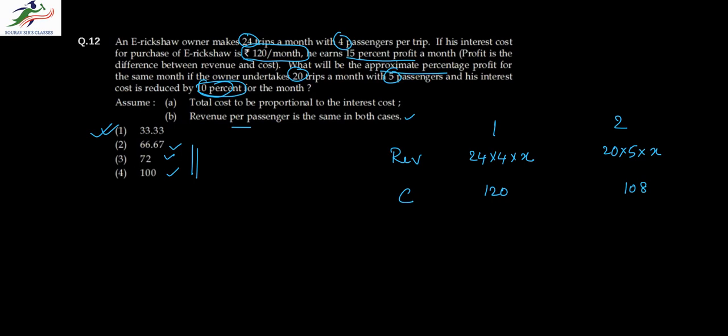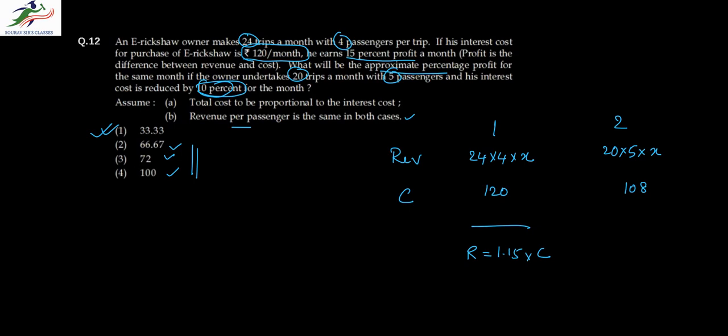Now we are told that in the first case he earns a 15% profit. That means the revenue earned in case 1 is 1.15 times the cost.